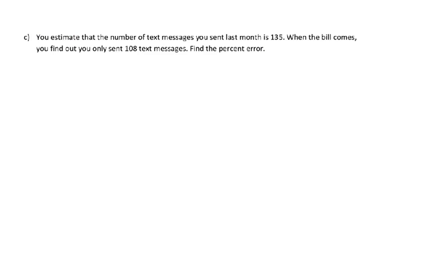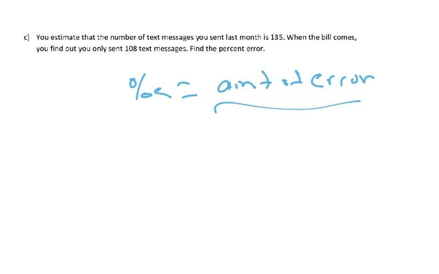Here's one for you. You estimate the number of text messages you sent last month was 135. When the bill comes, you find out you only sent 108. Find the percent of error. So percent error equals the amount of error all divided by the actual amount.